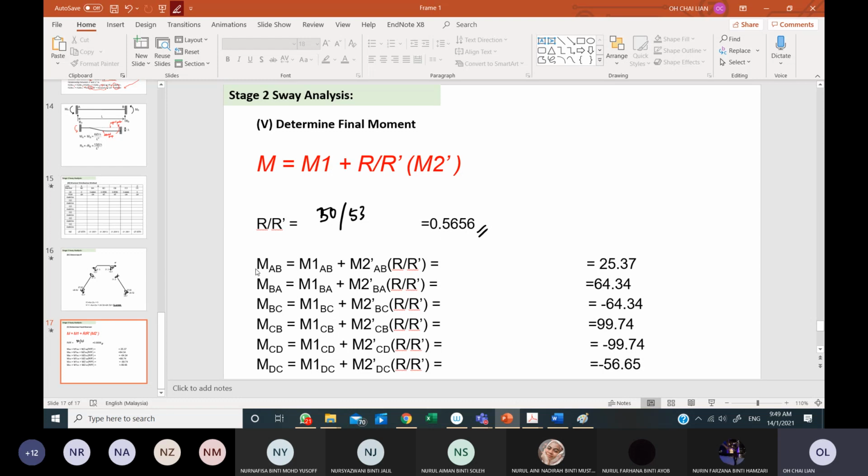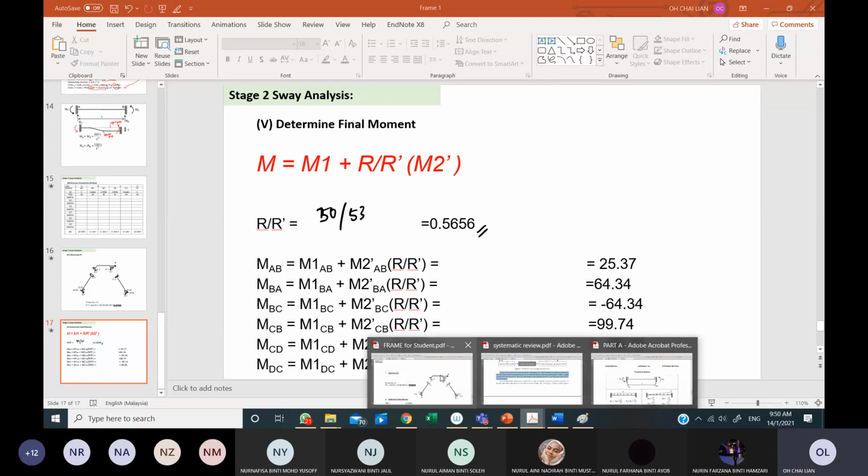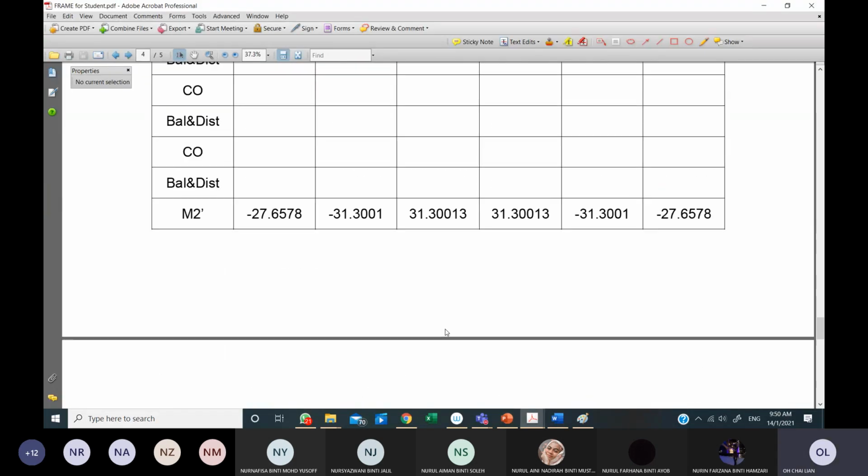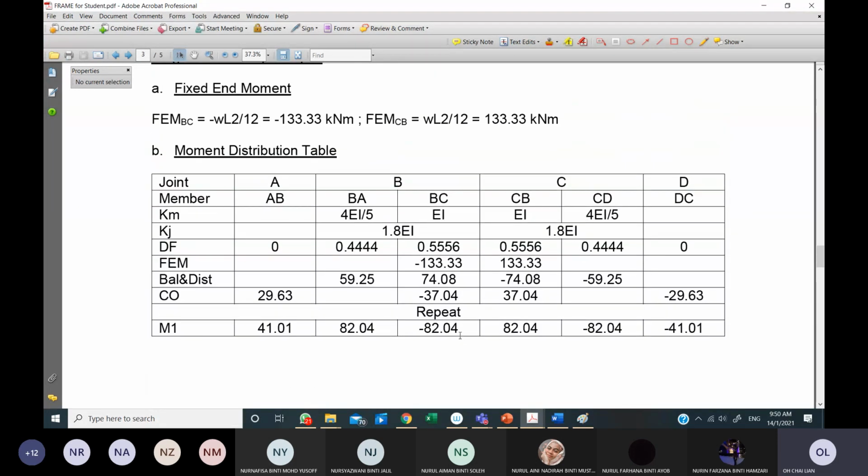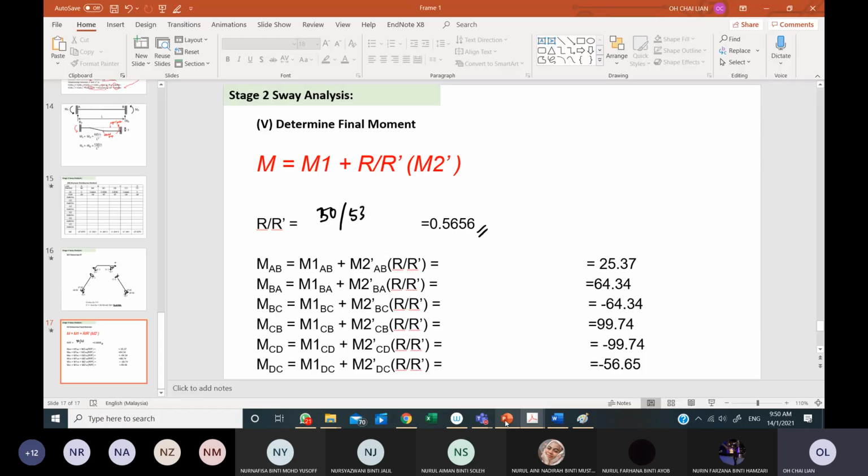Then we are going to get all the end moments. M1 we get from table number 1, for AB: 41.01.